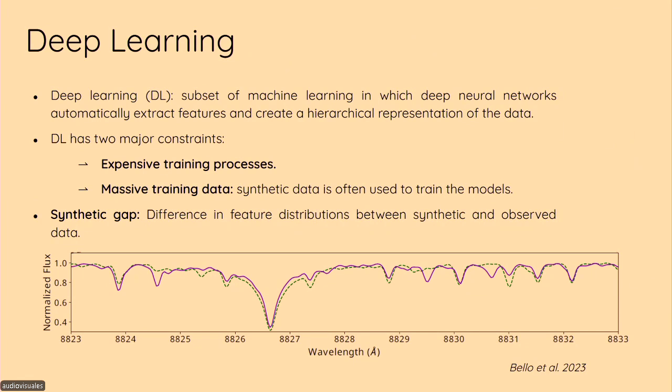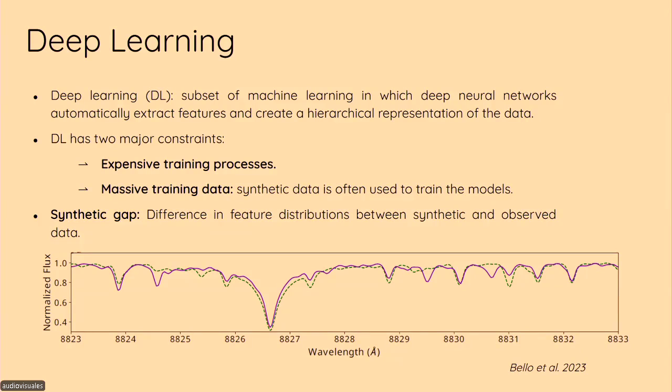Anyway. So first of all, for the synthetic gap, we found that the synthetic models that we use to train the deep learning models are not identical to the real data that we are inferring to. So the synthetic gap is just the difference in the features between these synthetic spectra and the real observed spectra.